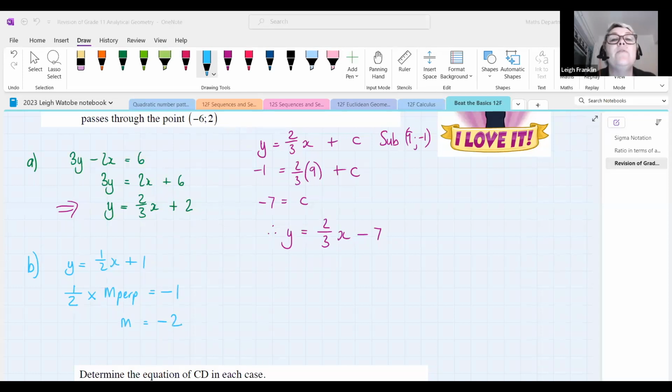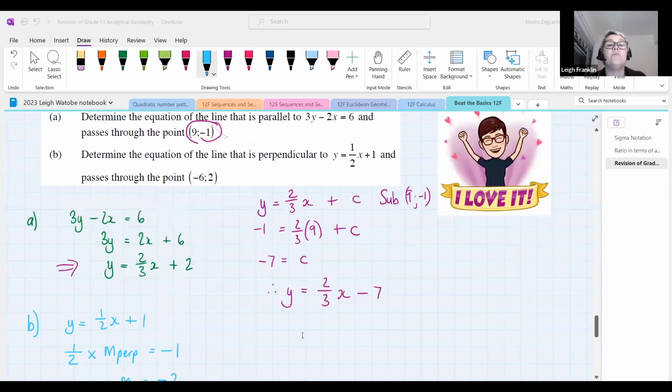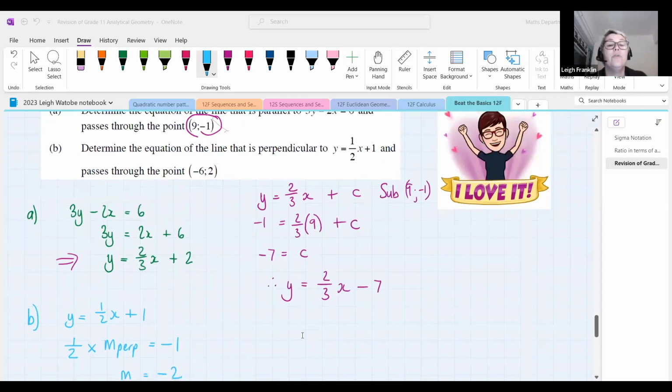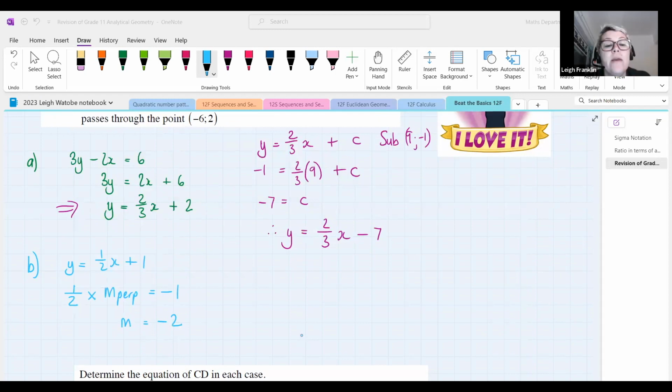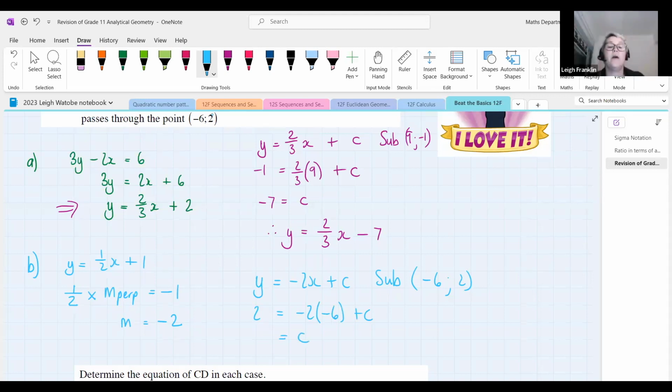And then same story, make life easy for yourself. Okay, now we're going to take our new gradient, y equals -2x plus c, and we're going to sub in that point that they gave us, (-6; 2). So 2 is going to go here, -6 is going to go there, and then we can work out the value of c.